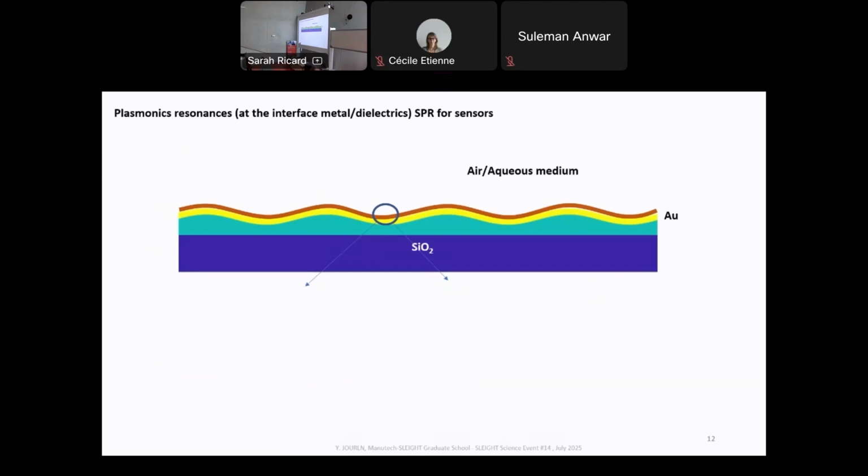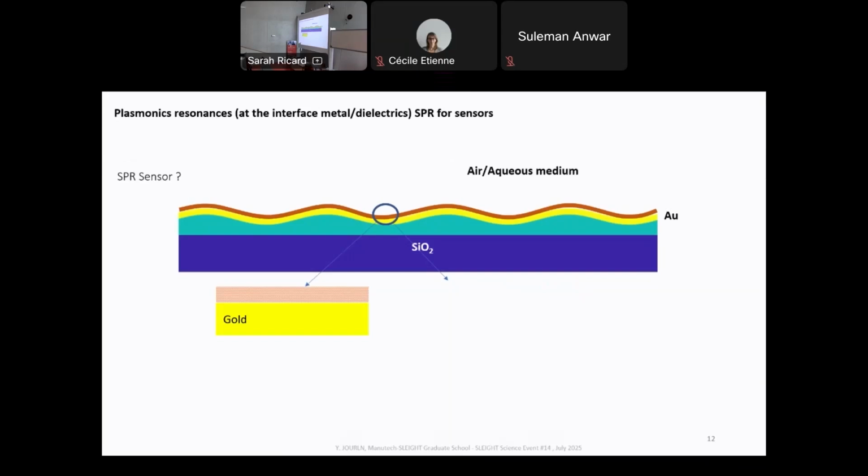Okay, but it's not finished for sensing. We know that we play with the permittivity of the interface metal dielectric, but if we want to fabricate a sensor, we will use what we call a functionalized layer on the gold surface.